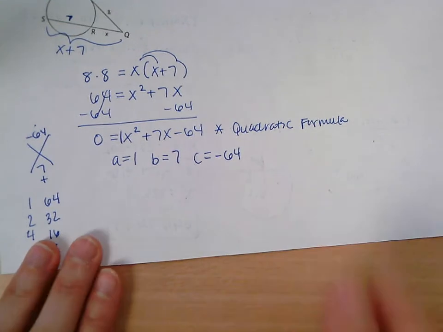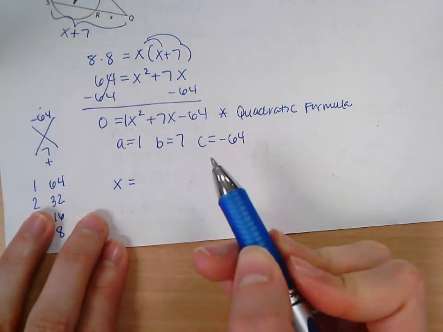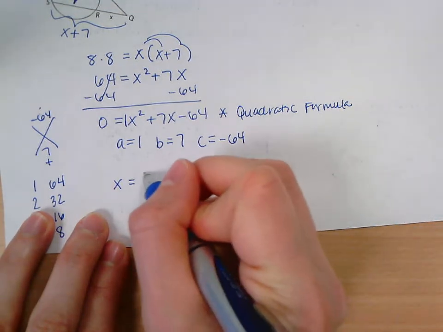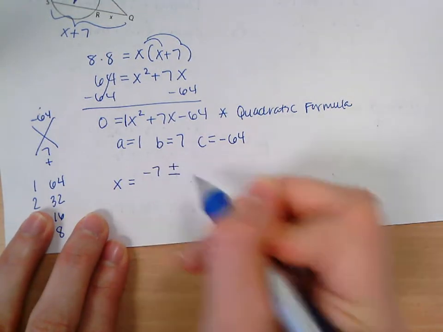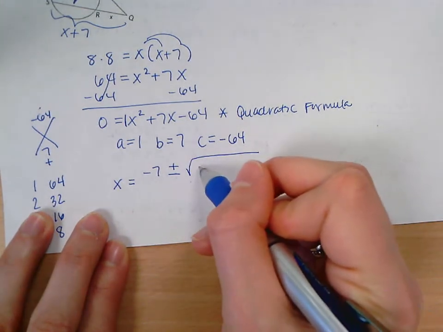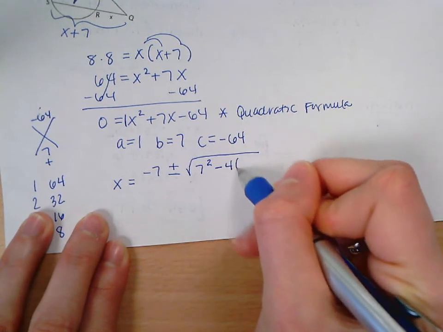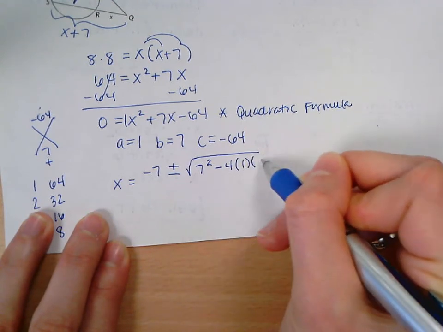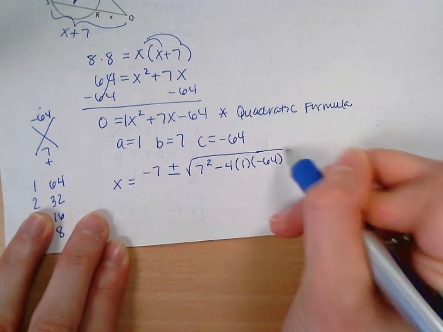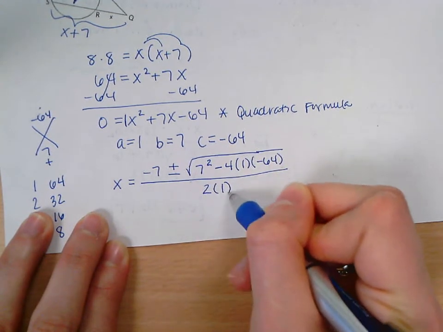So I would have x equals, it's negative b, or the opposite of b, so negative 7 plus or minus the square root of b squared, so 7 squared, minus 4 times a is 1 times c is negative 64. And that's all divided by 2 times a, which is 1.